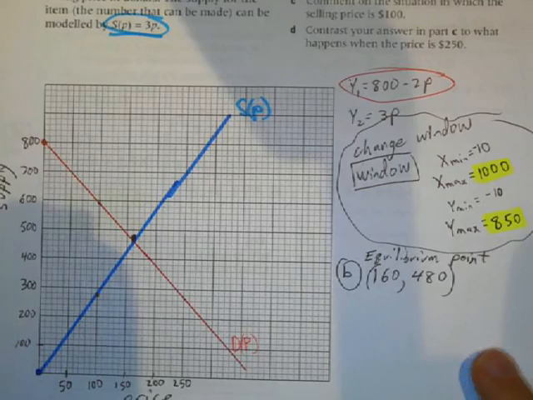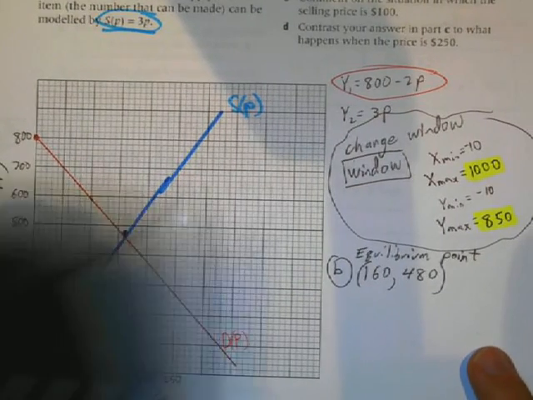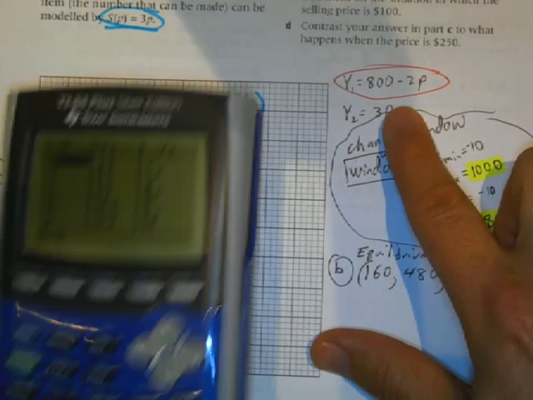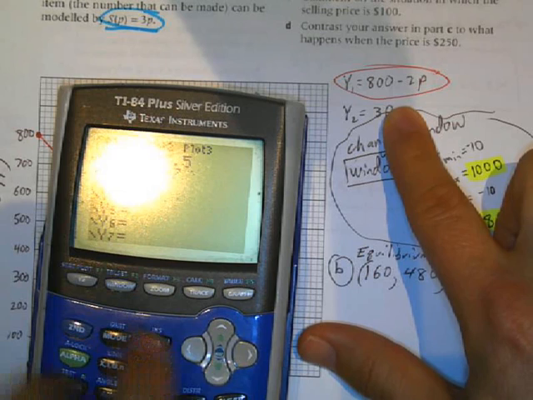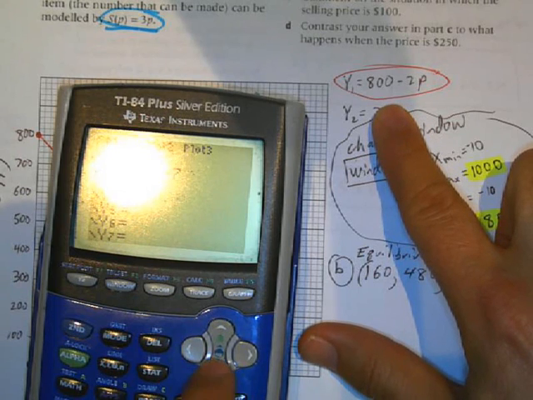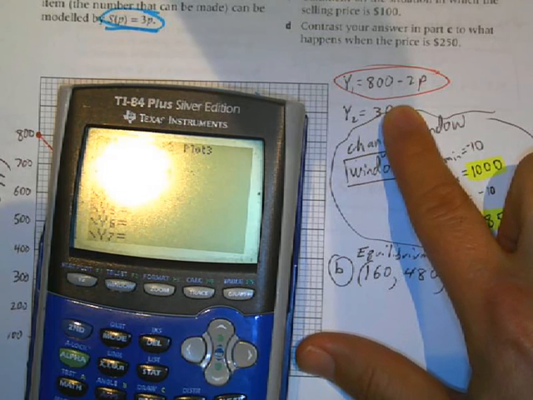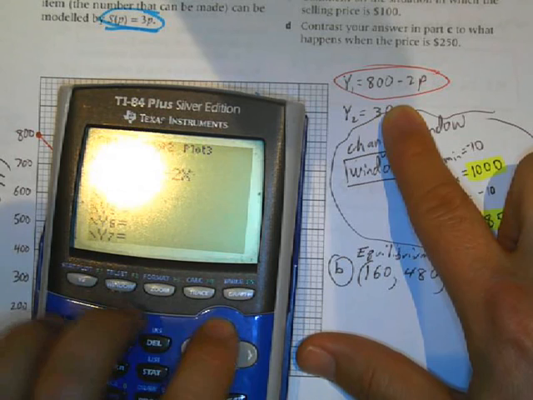So the first thing I did to make the sketch is I type in these equations. So 800 minus 2x, and then the other one is 3x.